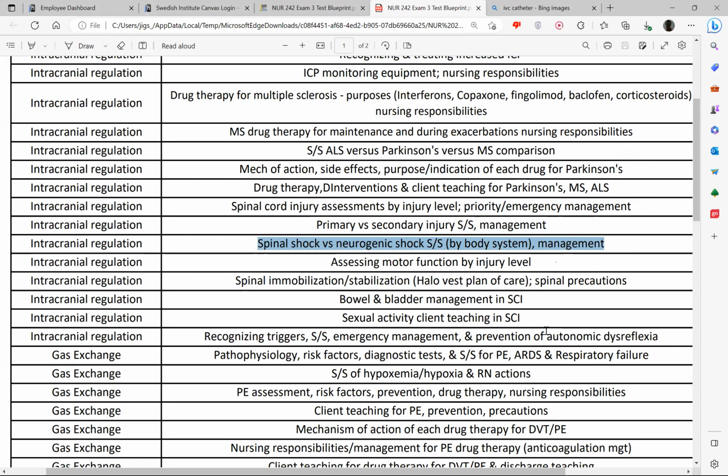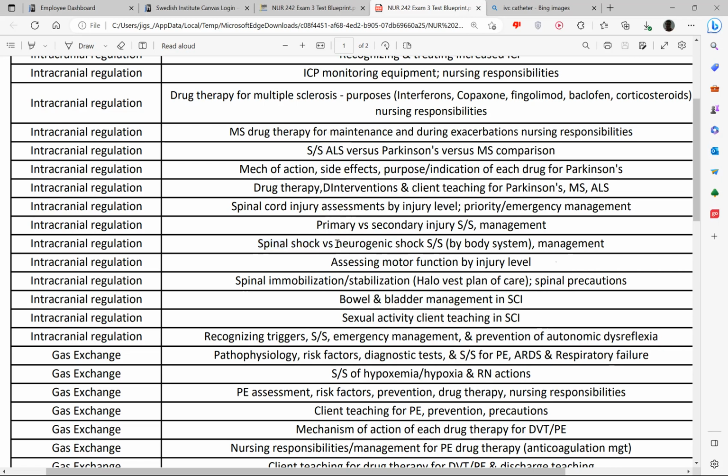So there's vasodilation, right? And then the spinal shock is the result of an injury to the spinal cord. They can get better, but it depends on the level of the injury. Just know that they're not the same. Both are called shock, but spinal shock has nothing to do with blood pressure.